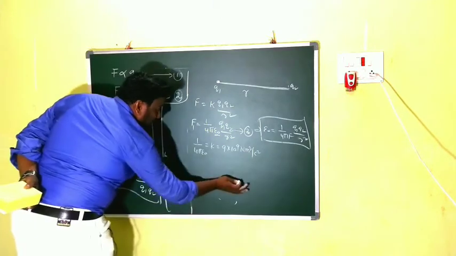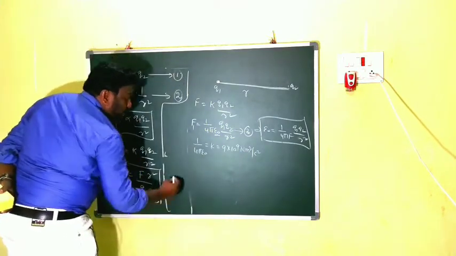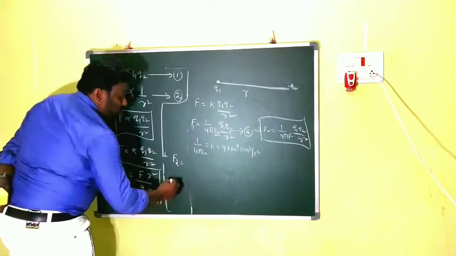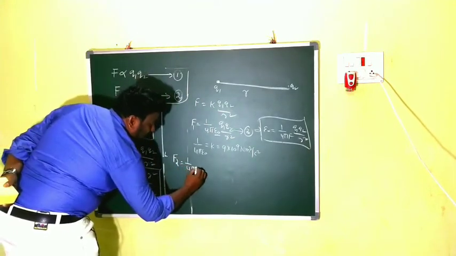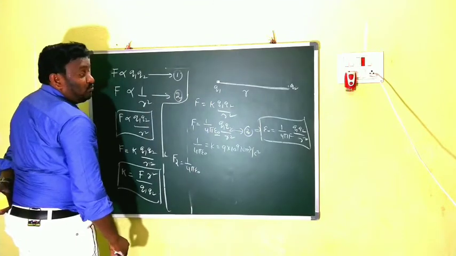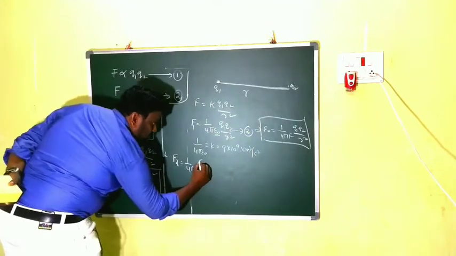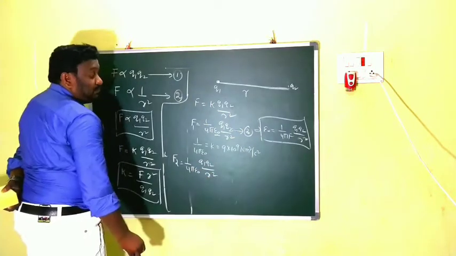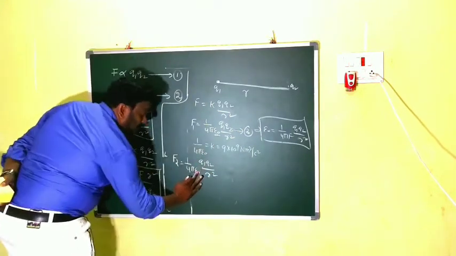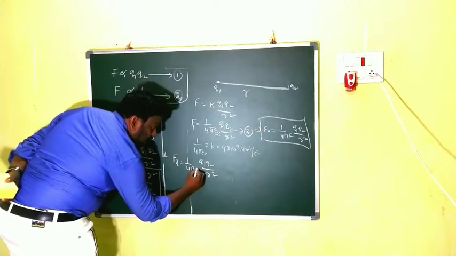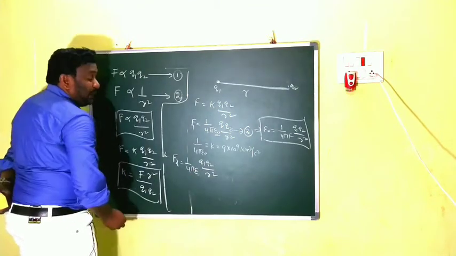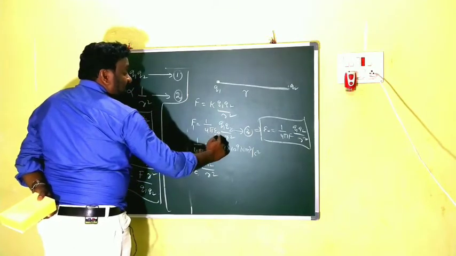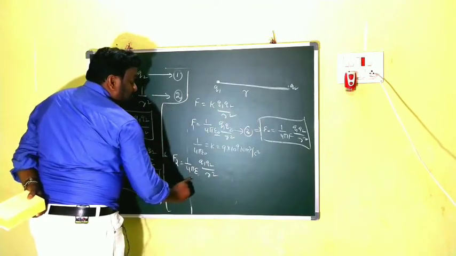If the two charges are in medium, then we can write F2 is equal to 1 by 4 pi epsilon naught Q1 Q2 by R square. That means instead of epsilon naught, I am writing here epsilon. Epsilon naught is what? Permittivity in free space, and epsilon is what?